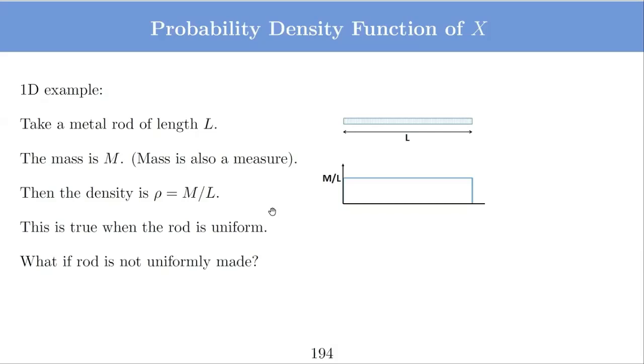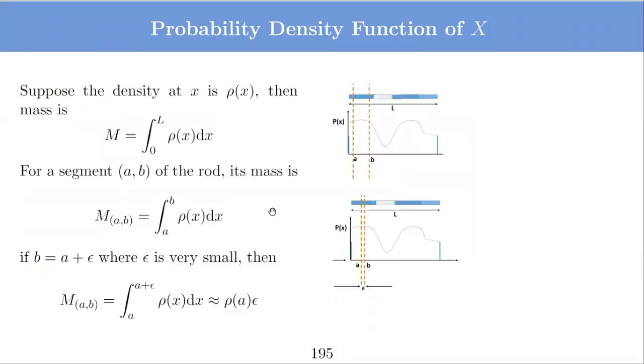What if the rod is not uniformly made? Then you know that density will not be uniform. In some places the same length segment can have more mass, and in other places it can have less mass. So the way density is defined is that, suppose the density at x is rho x, then the mass is given by integrating this density over the space.